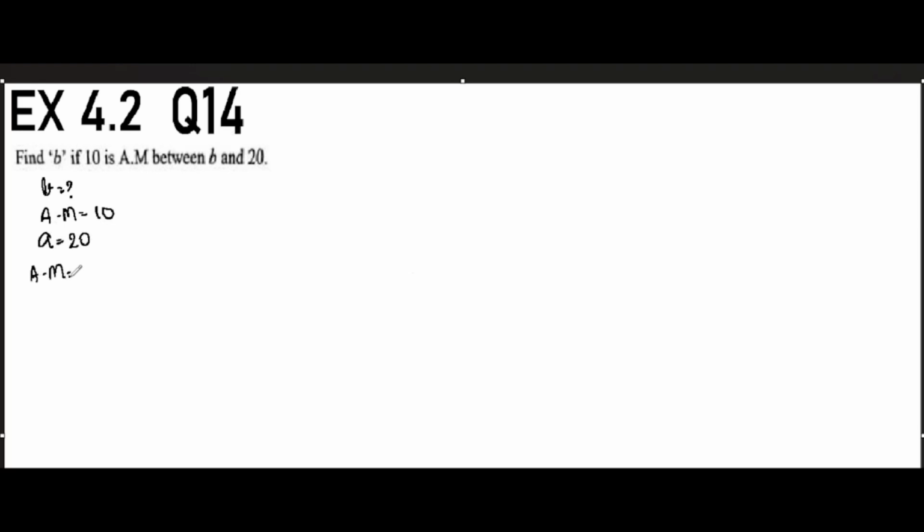The arithmetic mean is equal to A plus B whole divided by 2. The arithmetic mean 10 is equal to A, which is 20, plus B whole divided by 2. 2 comes here to become 20 is equal to 20 plus B. 20 and 20 cancel, so B is equal to 0. So the value of b is 0.